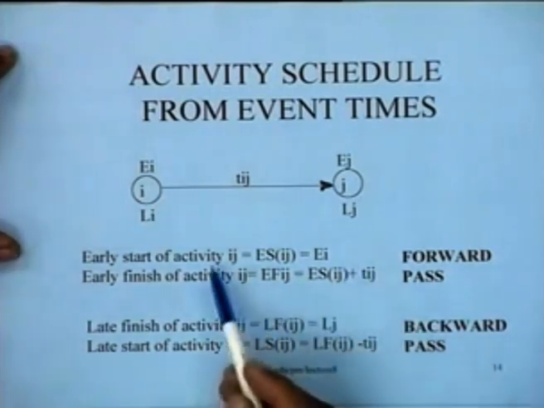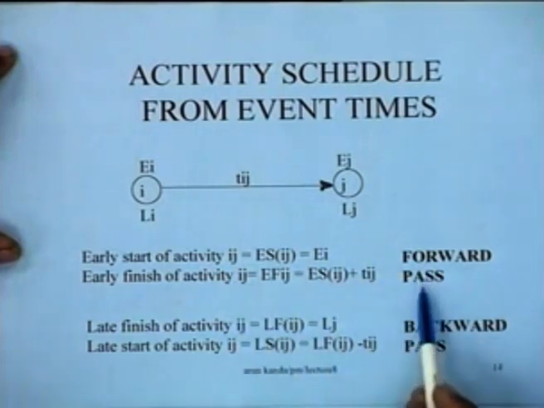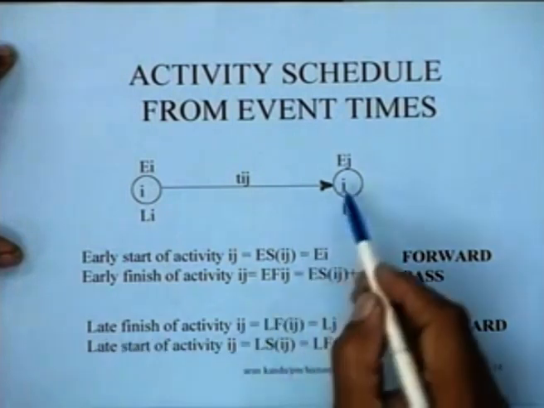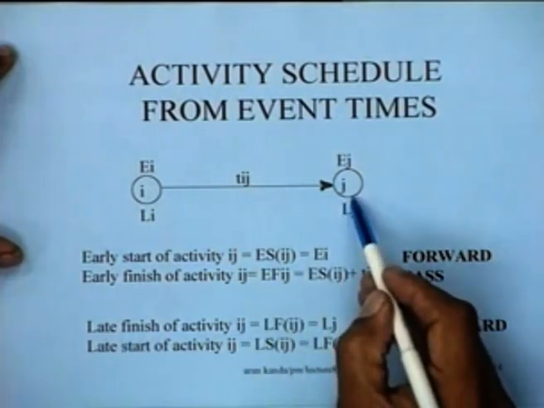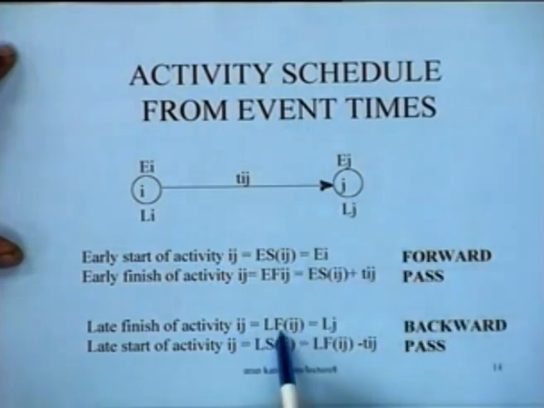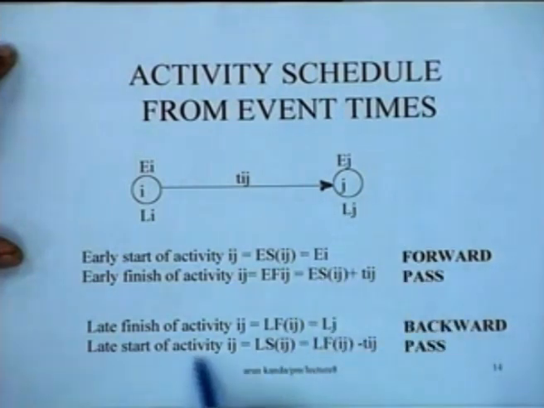And remember that the early start and early finish of the activities, both of them have come from the forward pass. Similarly, the late finish of the activity is determined by the latest occurrence time of the terminal node, this one. So the latest finish of the activity ij is nothing but lj, this particular value, and therefore the latest start of the activity ij is determined by subtracting from the latest finish the duration of the activity, and so you get the latest start of the activity.